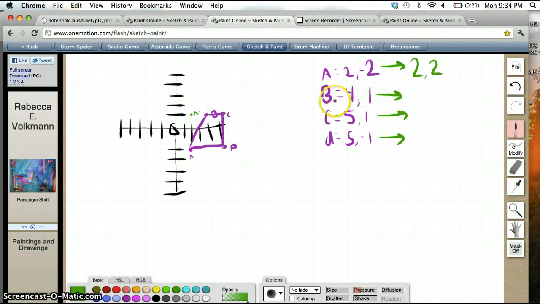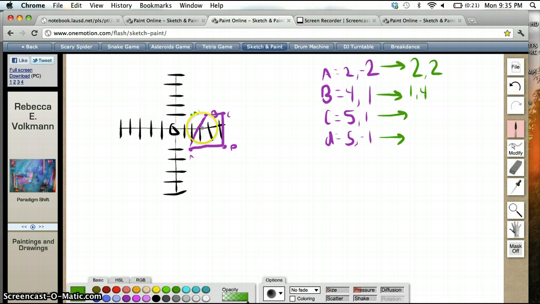Now B is (4, 1). So over 4, up 1. This is our B here. Now what you're going to do is, when you rotate 90 degrees, you flip the X and the Y. So it's going to be (1, 4). And then we have to go over 1 because B is in this region, and you're going to go over 1.